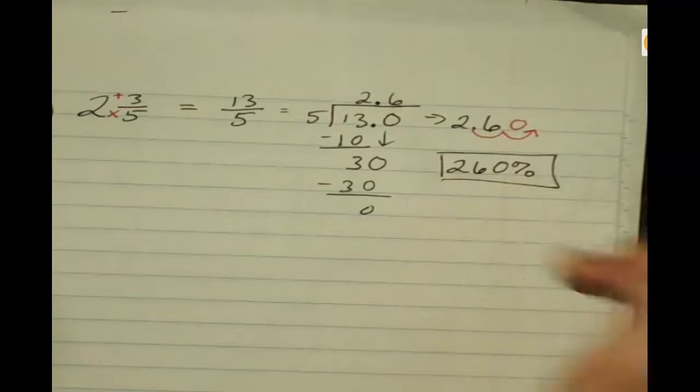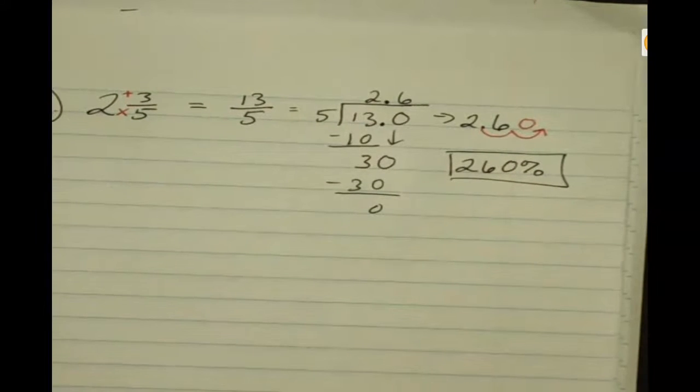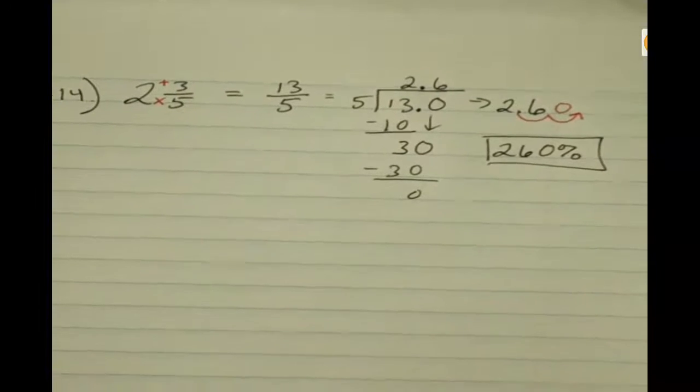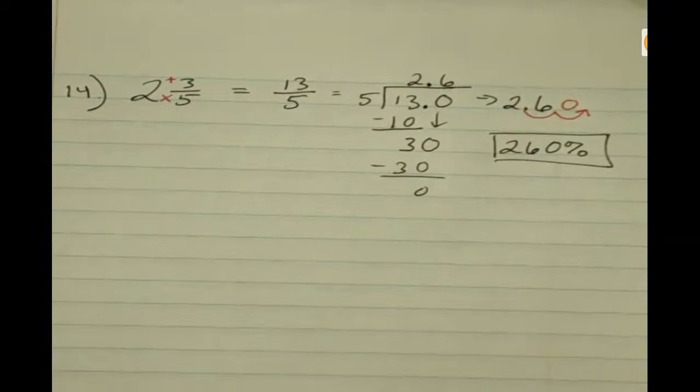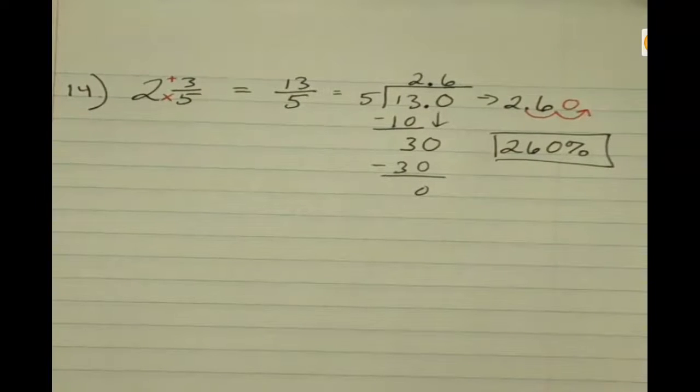Perfect. And boys and girls, this is exactly how I would have solved this. There's multiple ways of doing it, and I don't want to show you all the other ways because it is confusing. This one is by far the easiest. Okay? Very good.